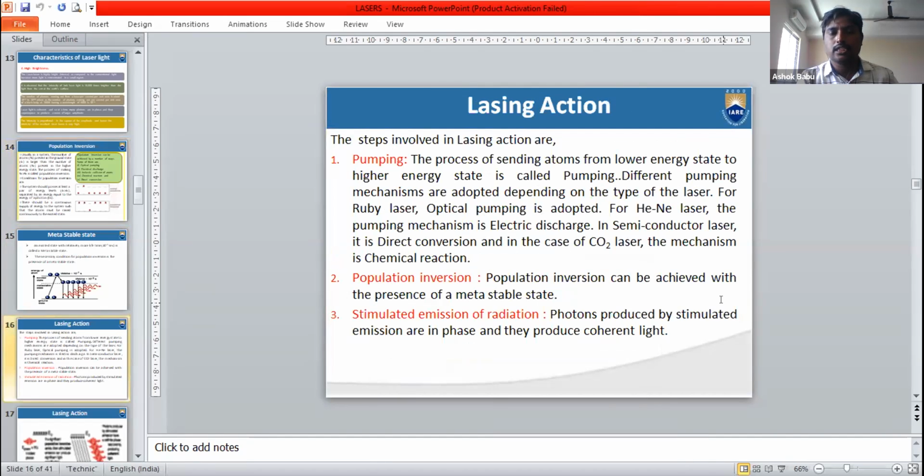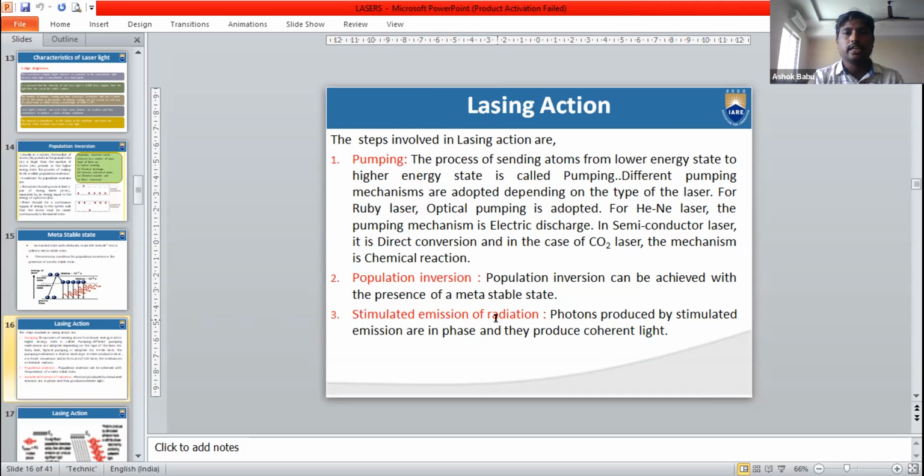For lasing action, we use pumping, population inversion, and stimulated emission of radiation. In every type of laser, three actions are compulsory. First, using pumping sources, we send particles from the ground state to the higher energy state. Population inversion is achieved between the energy levels using the pumping mechanism. After achieving population inversion, stimulated emission of radiation takes place between the energy levels.